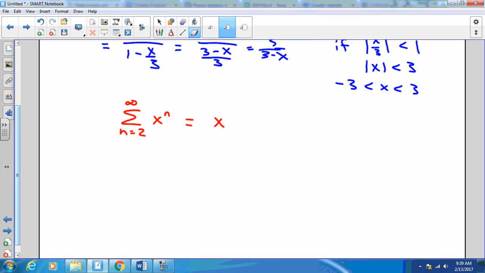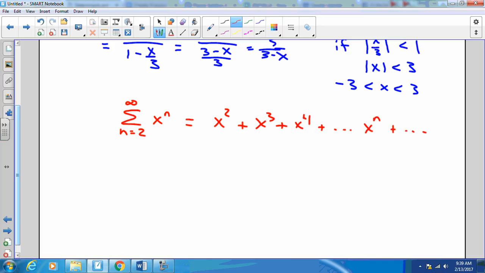Plus x cubed, plus x to the 4th. And now when I write it like this, I can visualize it in geometric series format. First term is x squared. Common ratio is x.